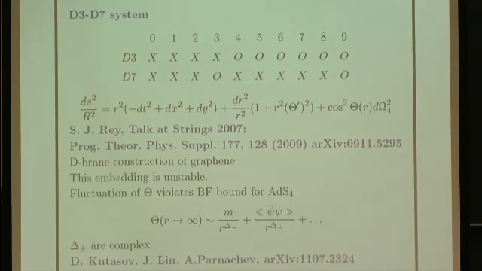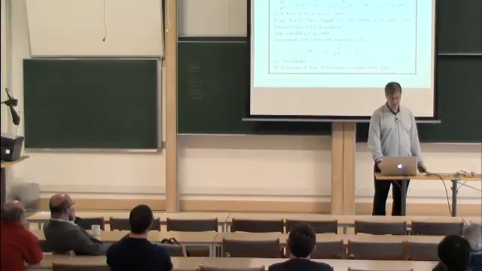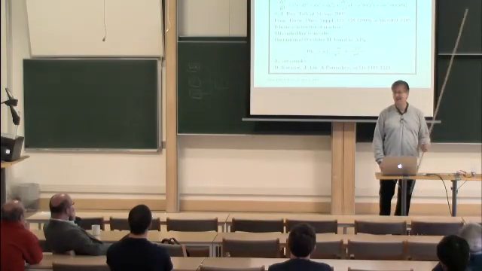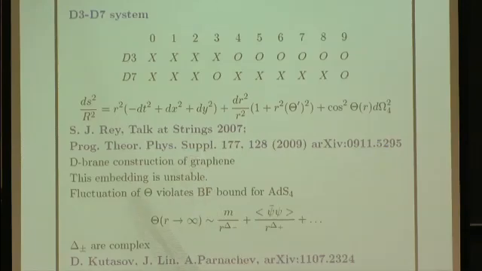Okay, well, this kind of construction has already been suggested by Sang-Jin Sin, actually quite a while ago, already 5 years ago at the string meeting in Madrid, was it? 5 years ago. Published a few years later. And so he took the simplest solution for the probe D7 brane geometry, which is basically a product of AdS4 and the 4-sphere.